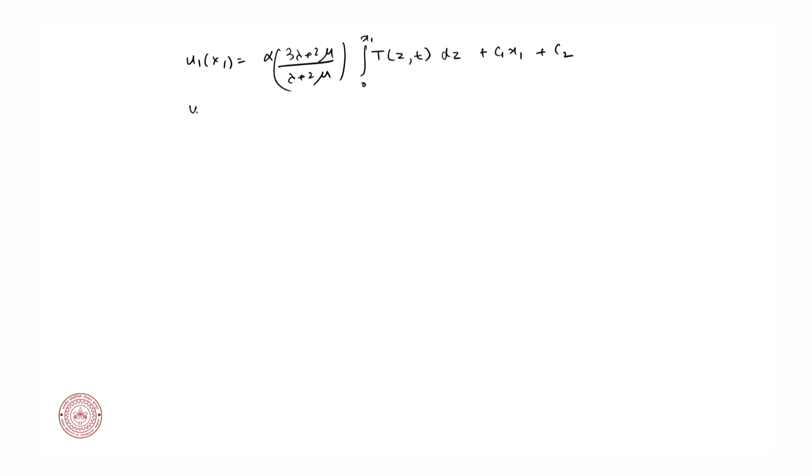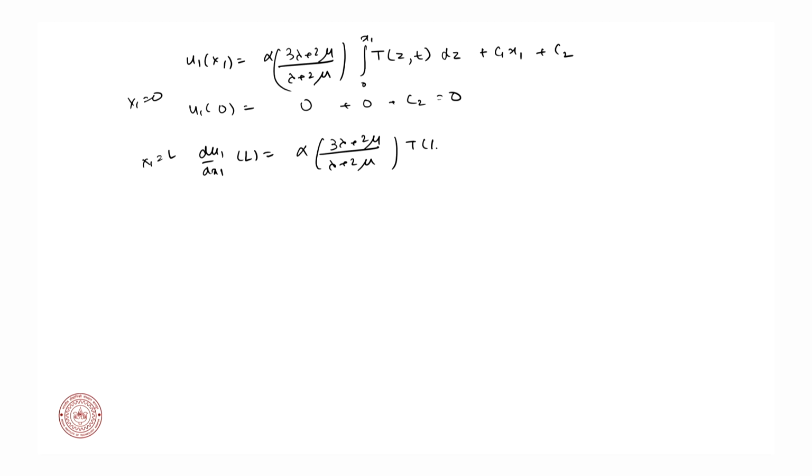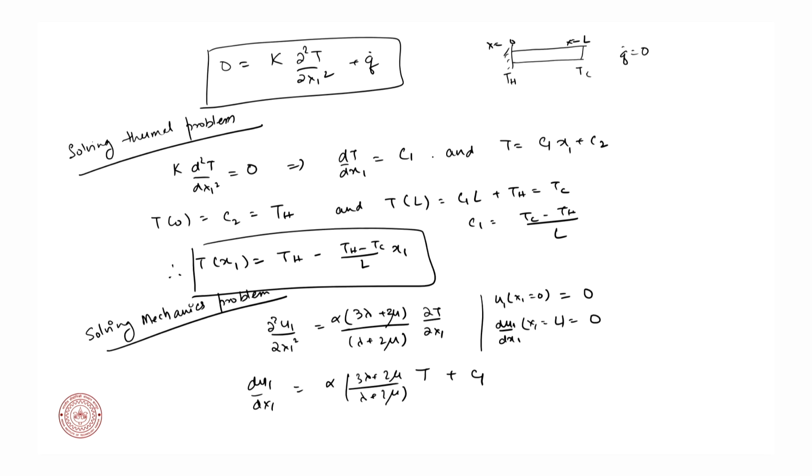First, let's put u1 for x1 equals to 0. u1 is equal to, this term becomes 0 because the integration is between 0 to 0, the c1 term becomes 0, plus c2, that is equal to 0. At x1 equals to L, du1 by dx1 at L is equal to alpha 3 lambda plus 2 mu over lambda plus 2 mu t at L, and t at L we have defined as t cold.